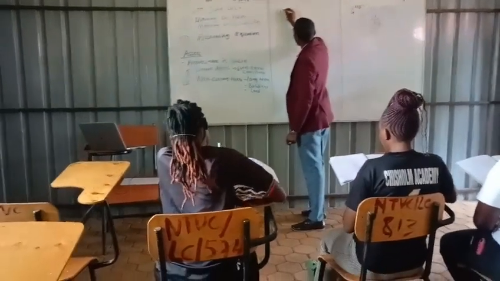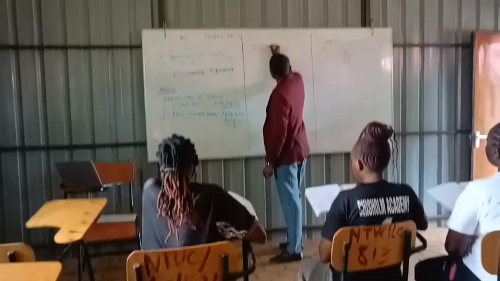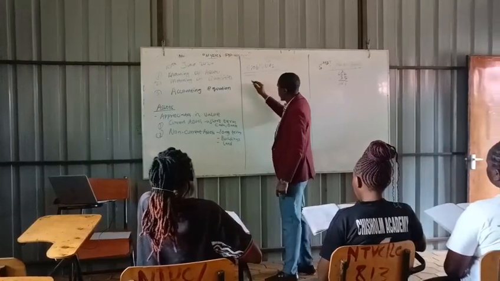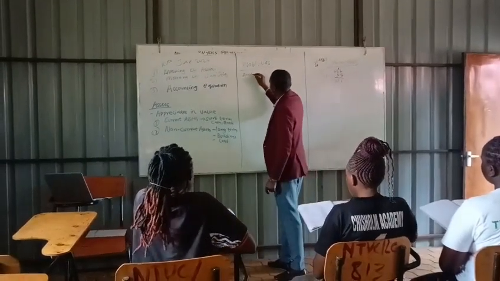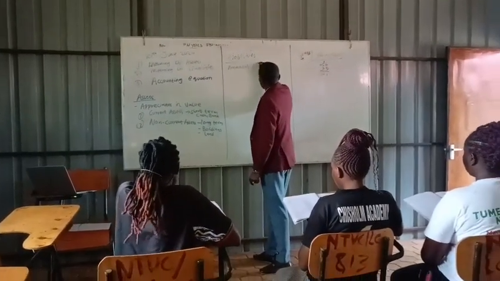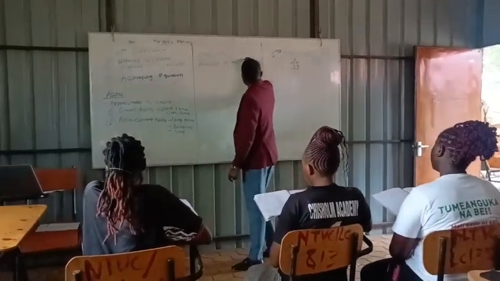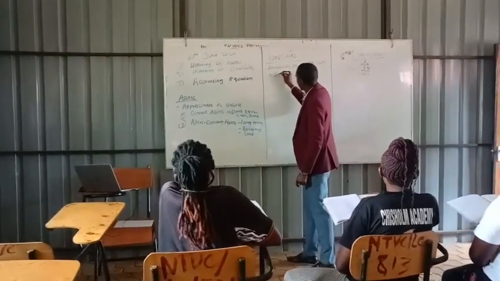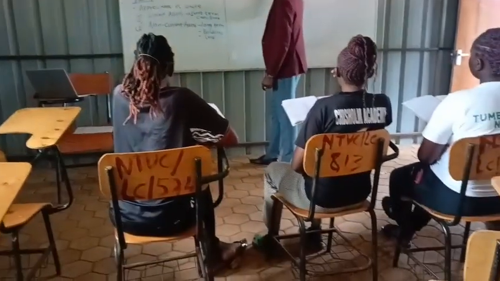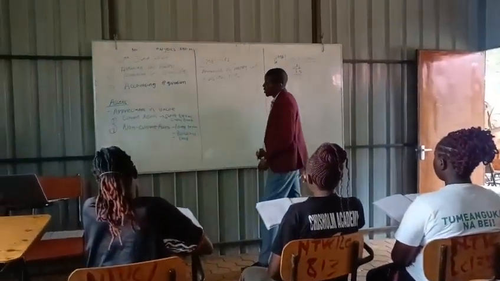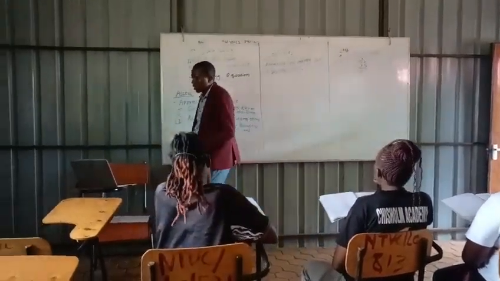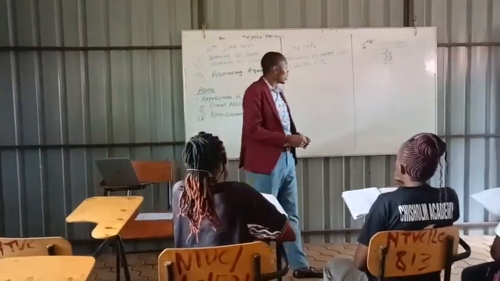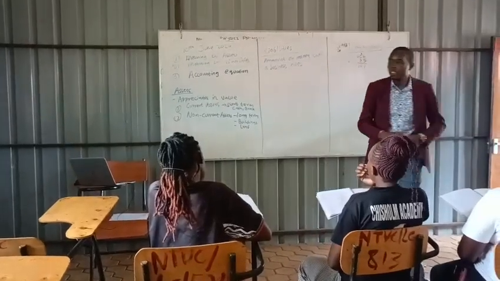So liability: amount of money that a business owes. So this can be current or non-current liabilities.